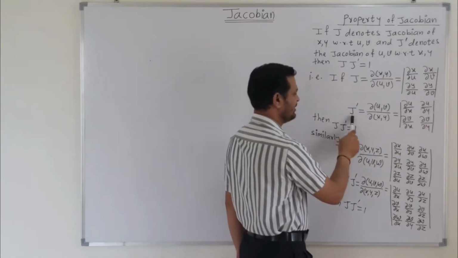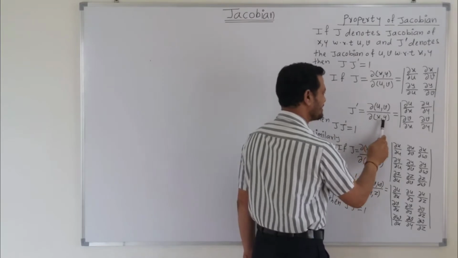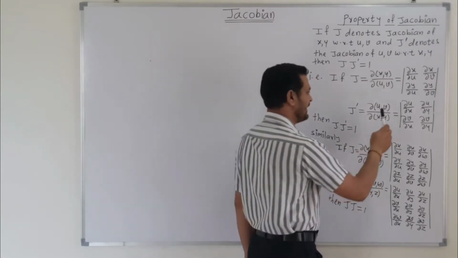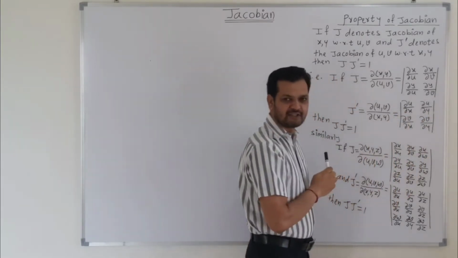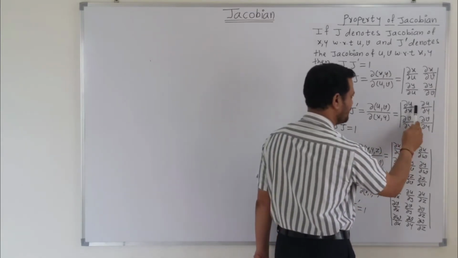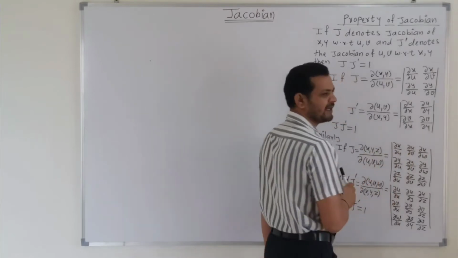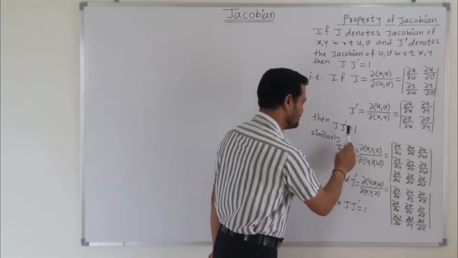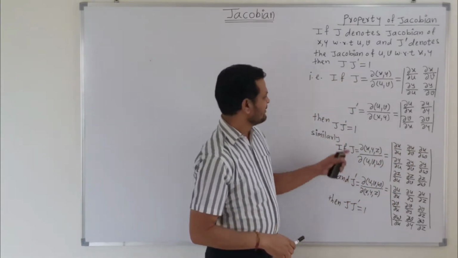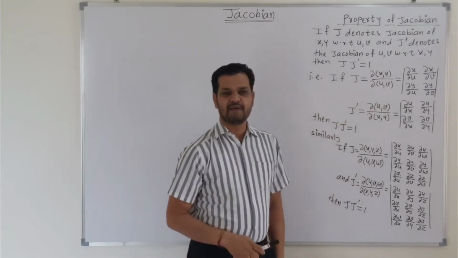Similarly, J dash is the Jacobian of u, v with respect to x, y, and its definition is the functional determinant of the partial derivatives of u with respect to x, y and of v with respect to x, y. Then J into J dash is 1. This is for two independent variables.